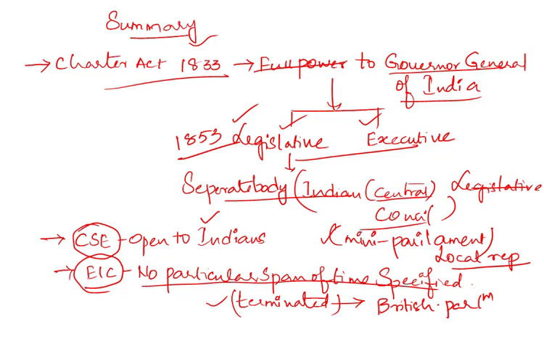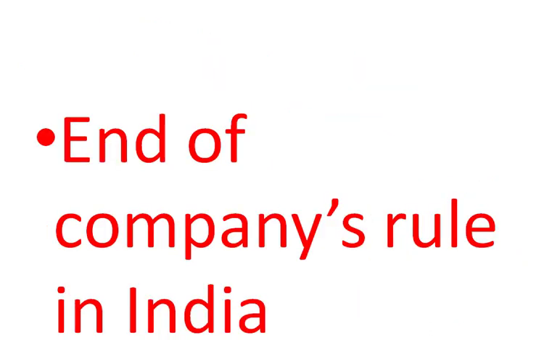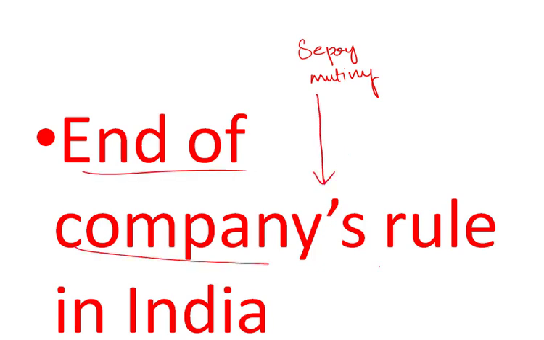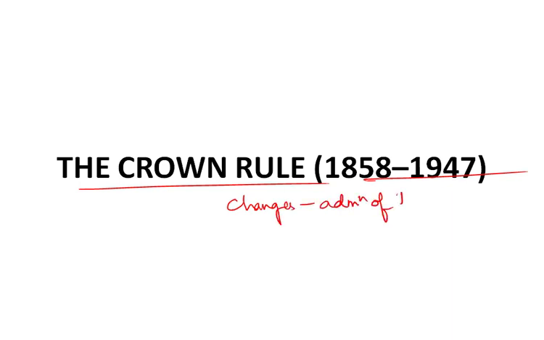Then after this act, the revolt of 1857, or the Sepoy Mutiny, happened. The Sepoy Mutiny totally changed the scenario in India, and now the British government and the British Crown wanted to rule India directly and make many changes in the administration of India.